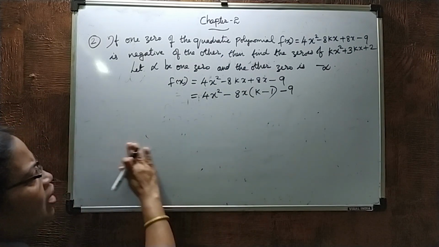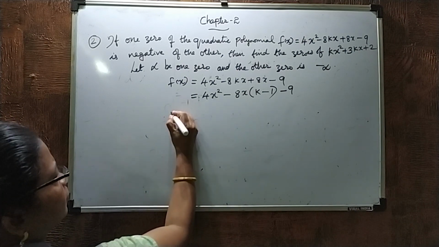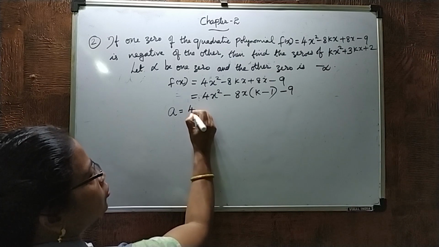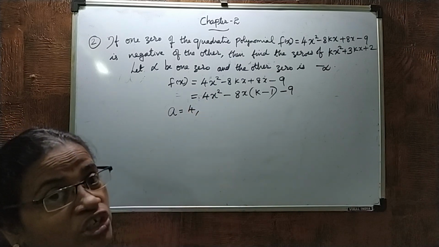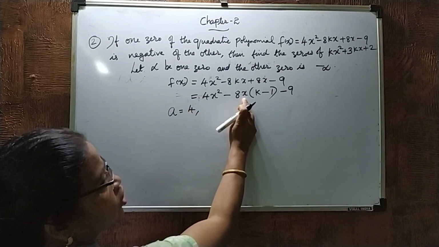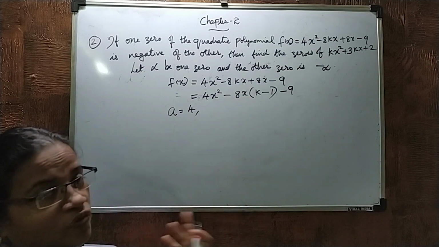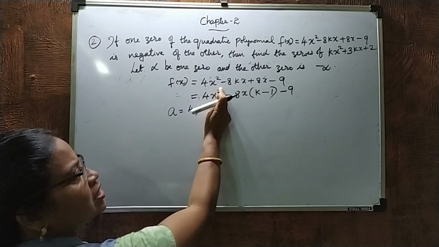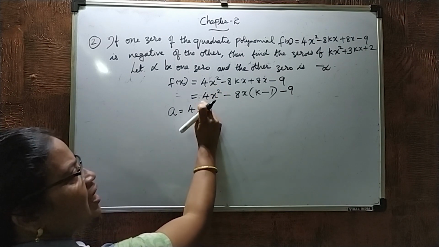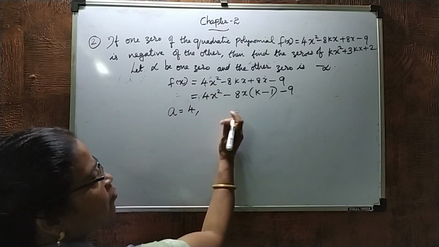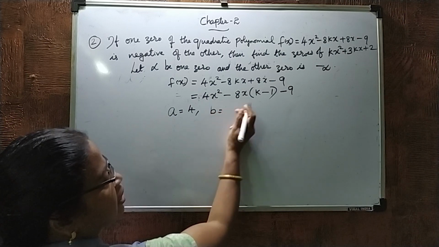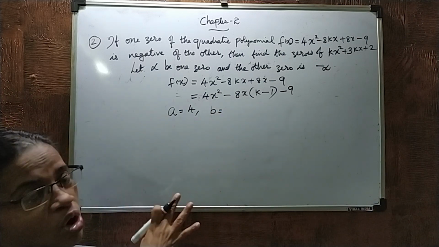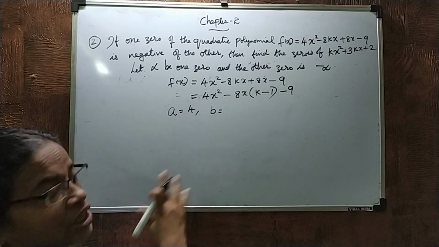So we will write it now. What is a, what is b, what is c? a means the coefficient of x², it is 4. What is b? The coefficient of x. When we want a coefficient, avoid that term. For the coefficient of x², leave that x², and the balance will be the coefficient. Here b: leave that x, and the balance will be the coefficient of x, including the sign.